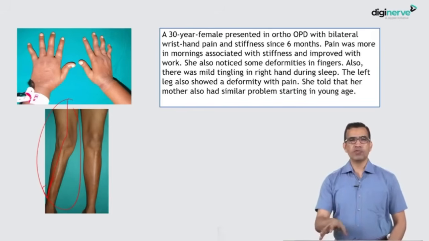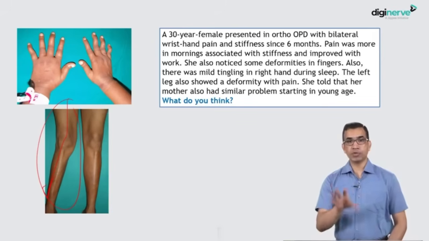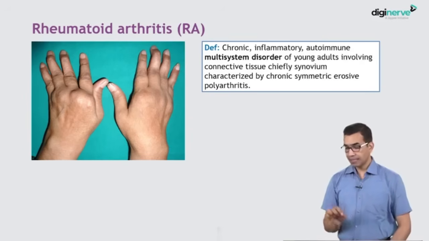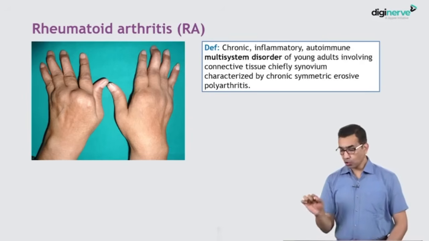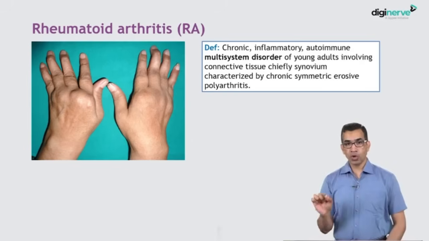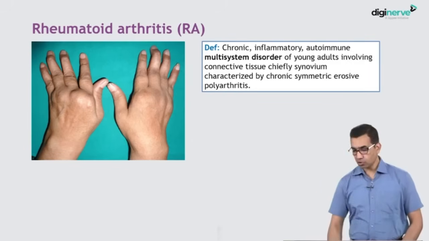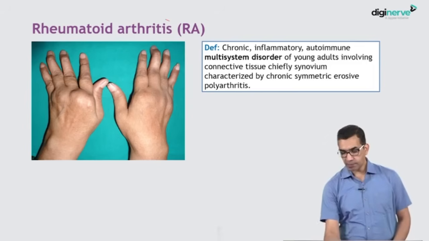I'm sure most of you have heard about it and are not confused when I put up these two pictures. This is nothing else but rheumatoid, a typical rheumatoid presentation, which is a chronic, inflammatory, autoimmune, multi-system disorder. So don't get confused that it's merely an arthritis.